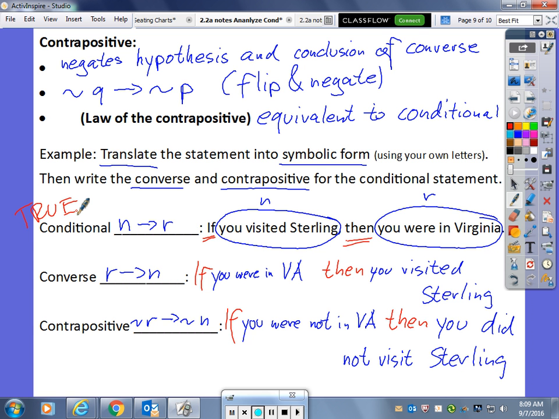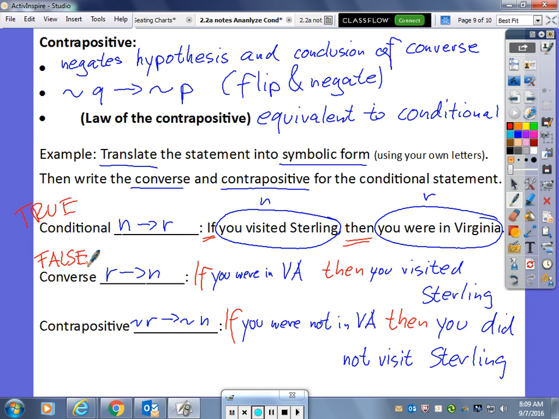On the other hand, the converse, if you were in Virginia, then you visited Sterling, doesn't have to be true. I'm in Leesburg right now, and so I'm not in Sterling, and I'm still in Virginia. So the converse, if we create a converse from a conditional, that very often ends up being false.